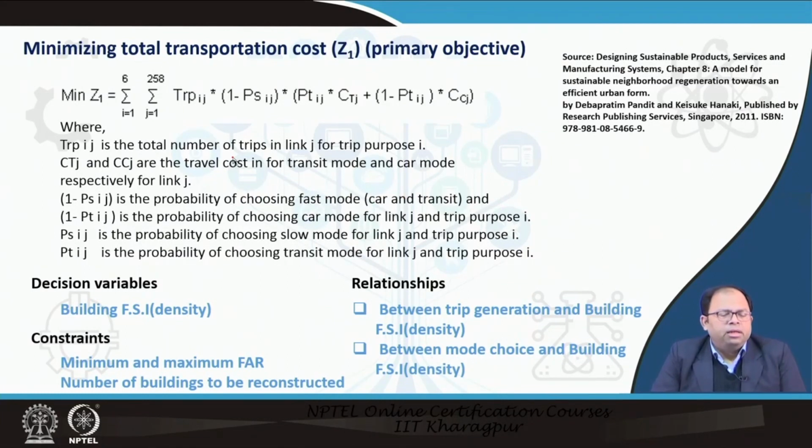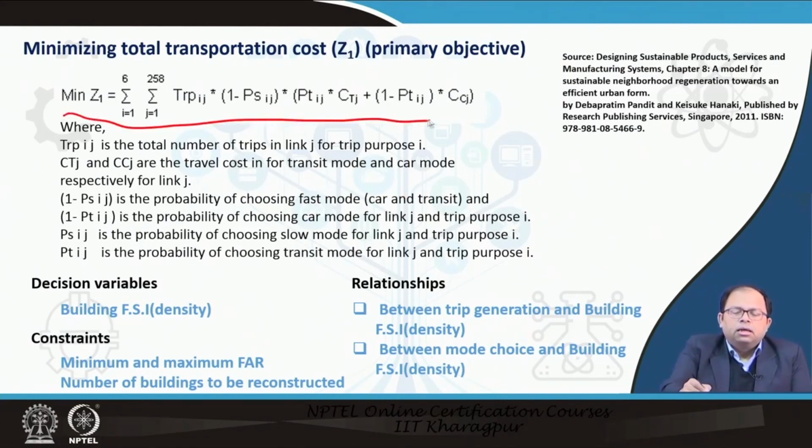So as an example, if you see this particular equation, it is talking about minimizing the transportation cost for different kinds of trips. T_ij is the total number of trips in link j for trip purpose i, and these are the C values, the cost of different kinds of trips.